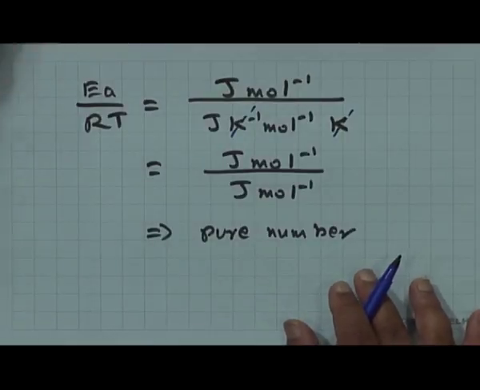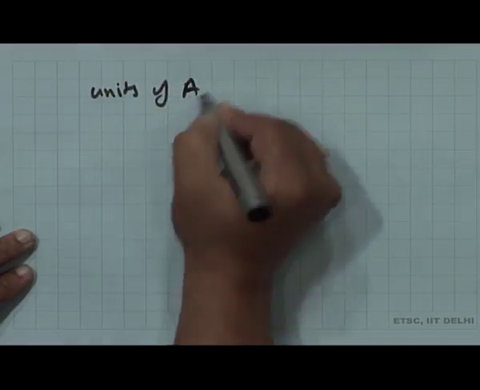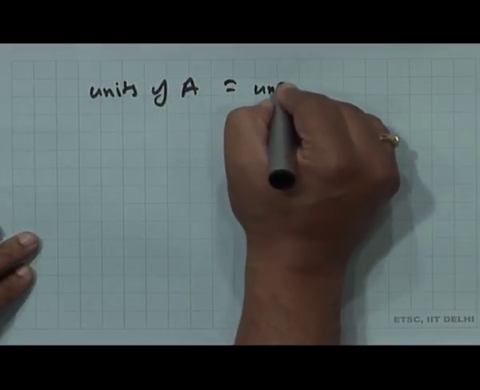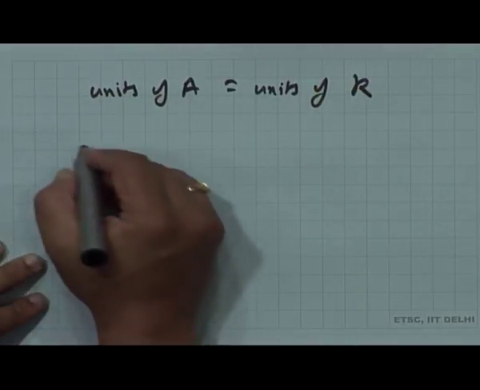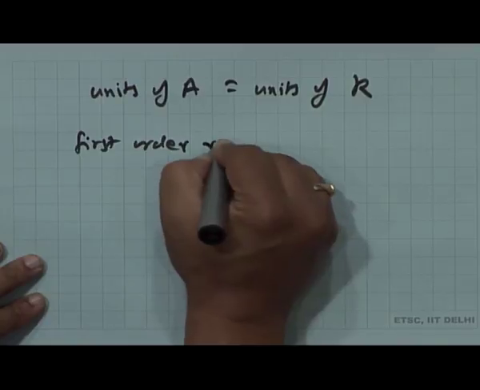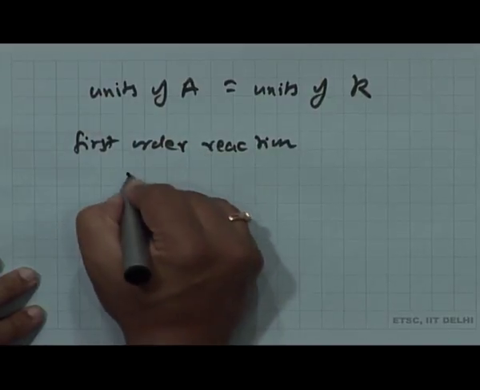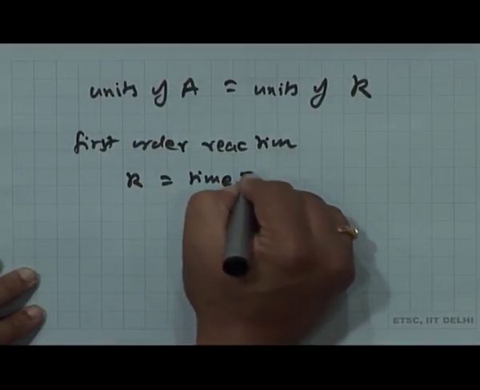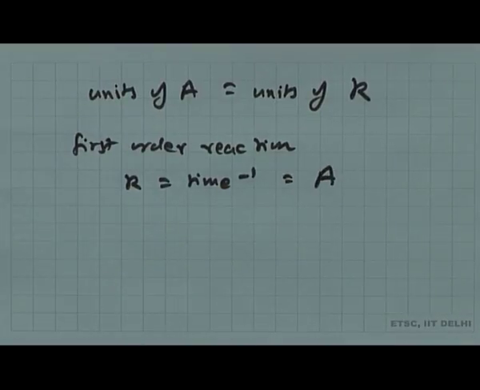So I can write now then that units of A should be equal to units of k, which means for a first order reaction, remember what was k for a first order reaction, so k was time inverse, right, and this would also be the unit of A.